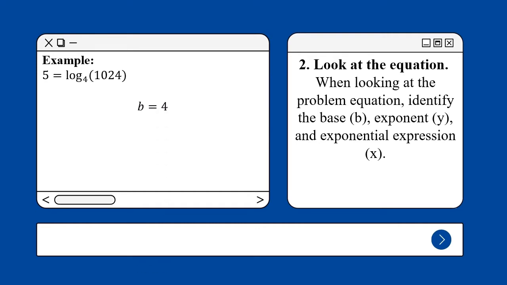So this will be your base. And then, let's find out the value of y. y is equal to 5. So this will be your y. And then lastly, let's have the value of exponential expression, which is x. That is 1024.